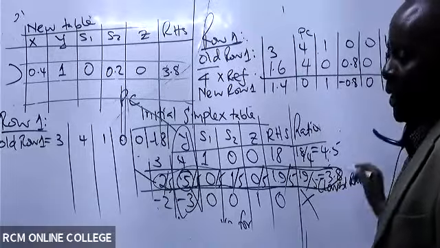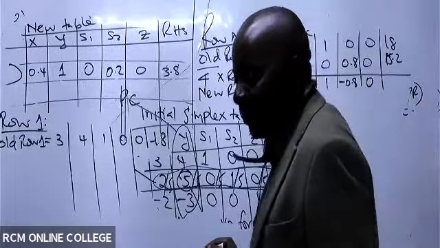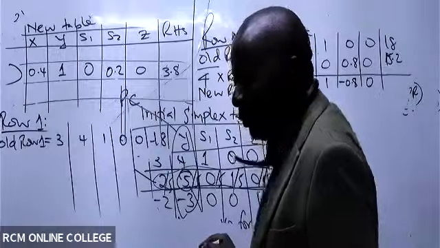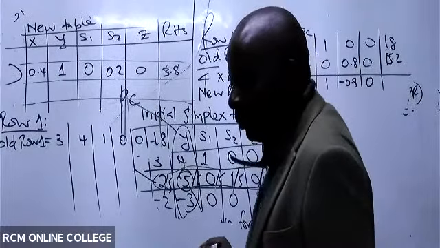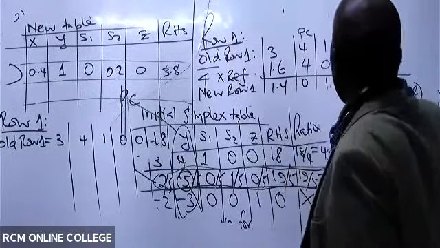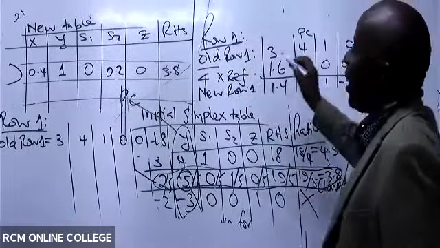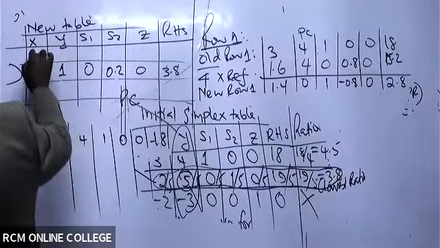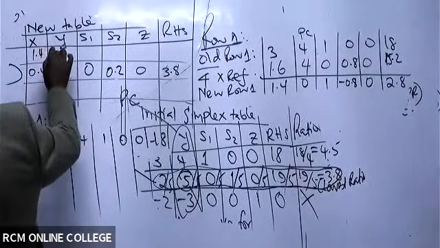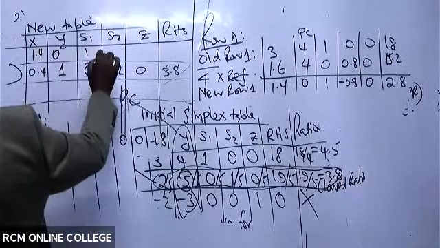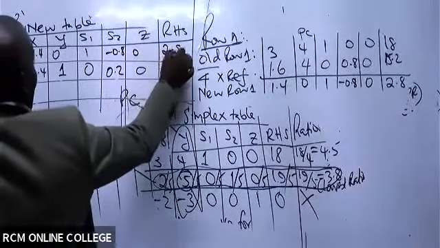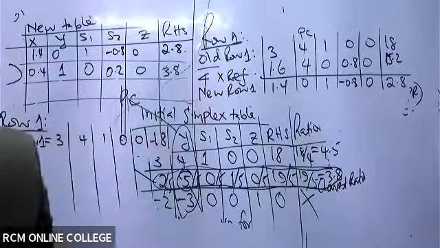How about this? 18 minus 15.2 is 2.8. So this is what we bring here to the new table. The new row 1, what do we have here? We have 1.4, we have 0, we have 1, minus 0.8, we have 0, and then we have 2.8.